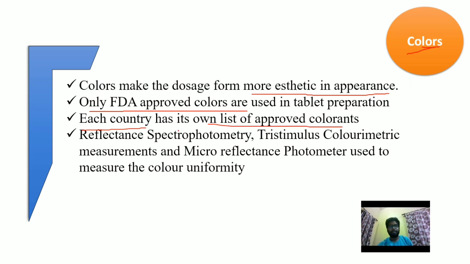There are different techniques, like reflectance spectrophotometry, from which you can know the color uniformity of the applied color on the tablet surface. Especially reflectance spectrophotometry is used to determine the color uniformity on the tablet surface.